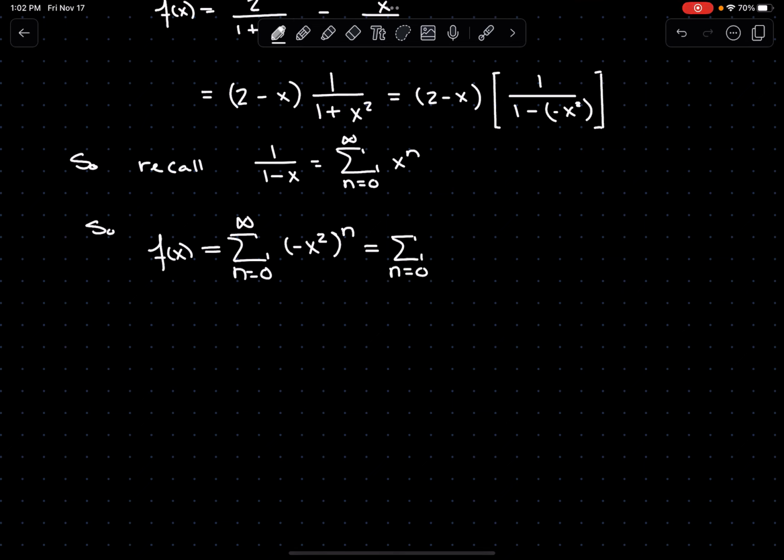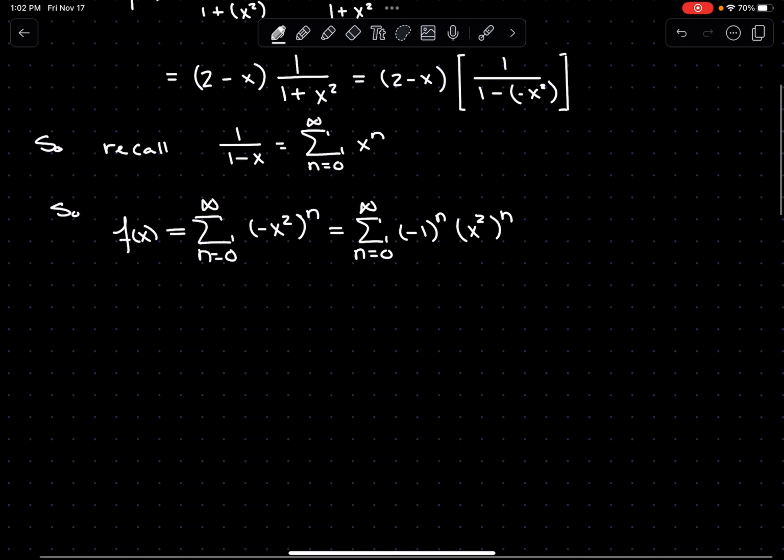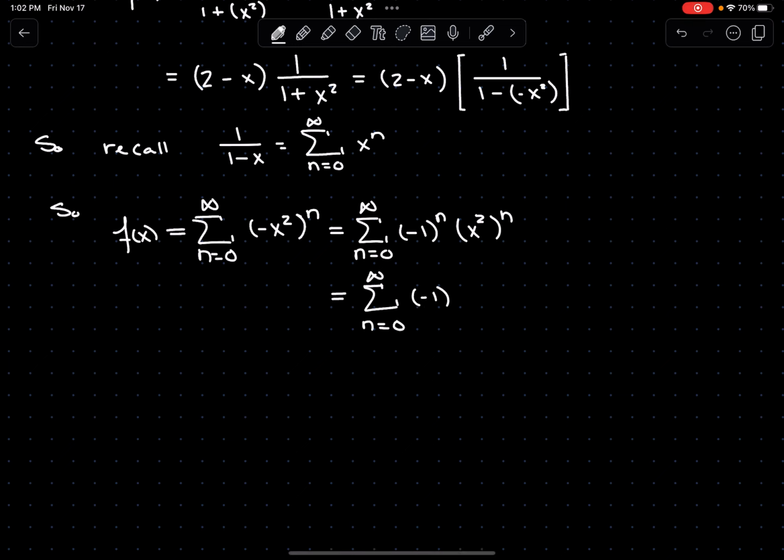Pull out the negative 1 to the n, x squared to the n. I can simplify that one more step: the sum from n equals 0 to infinity of negative 1 to the n, x to the 2n. Okay, so that's our power series.